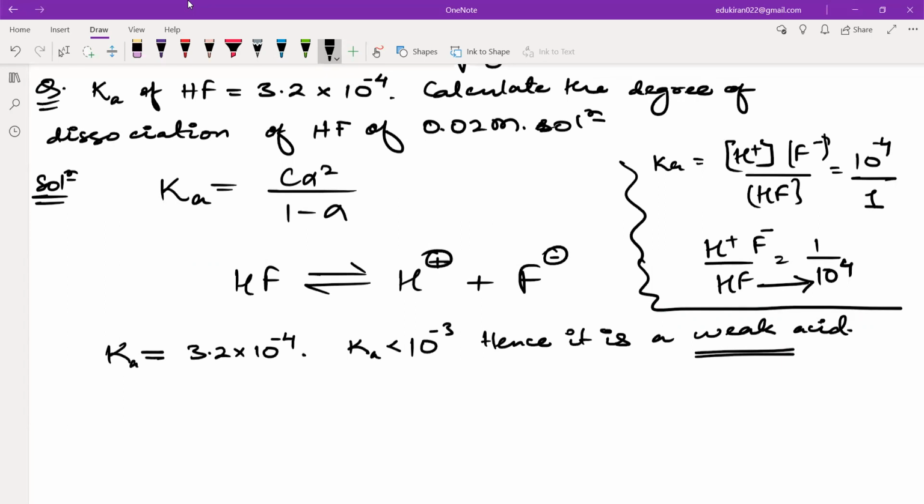And hence, if it is a weak acid, then Ka will be equal to C alpha square. So calculate this and tell me the answer.